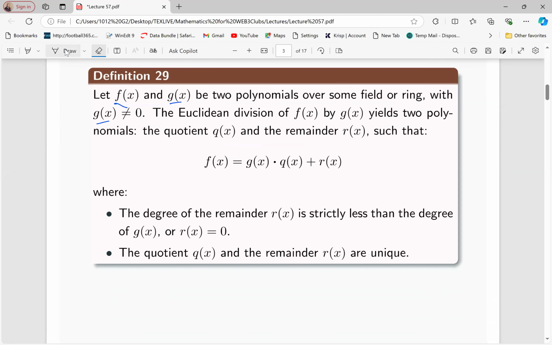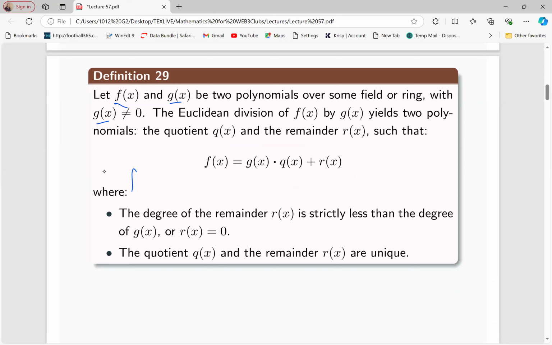Now, last time we defined what the degree of a polynomial is, and we said that was the highest power of that polynomial. For instance, if you have f of x equals 2x raised to 5 plus 3x raised to 2 plus 9, then the highest power of x is 5, and this is the degree. Now, what I'm interested in is, when do you stop dividing?